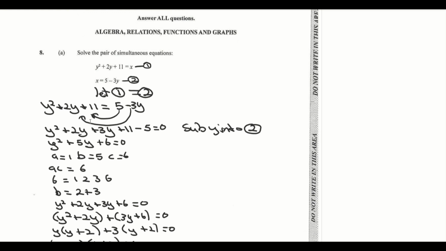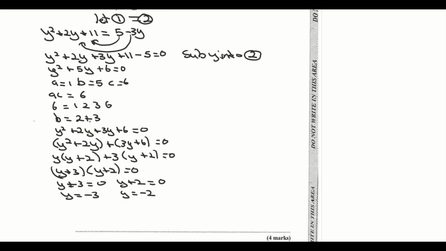So I have y is equals to minus 3. So I'm going to say x is equal to 5 minus 3y. So x would be equals to 5 minus 3 by minus 3. So x is equals to 5 plus 9. So x is equals to 14.